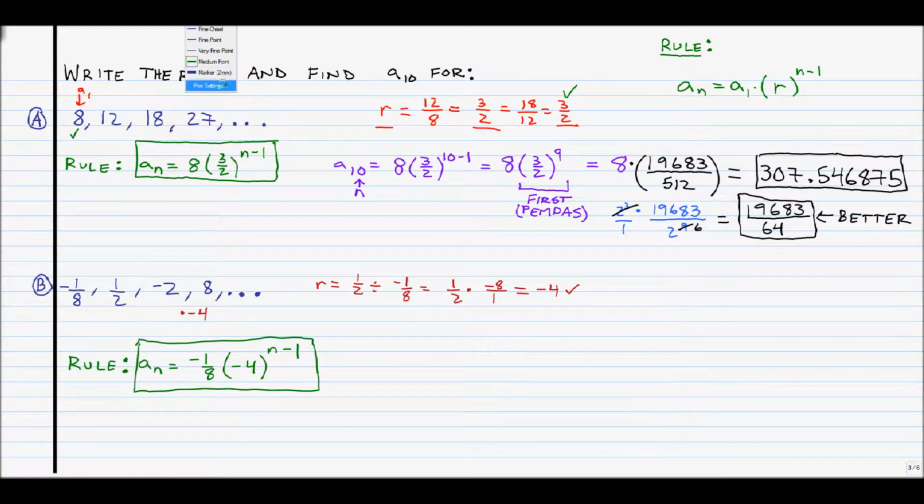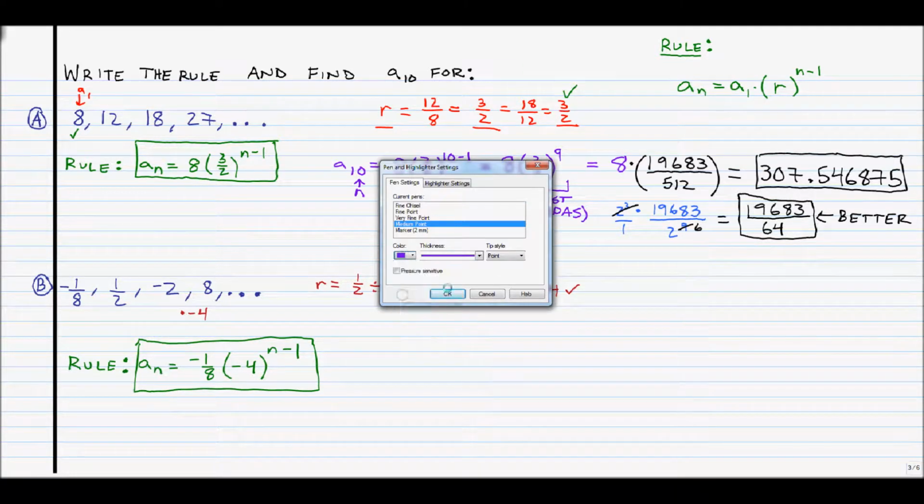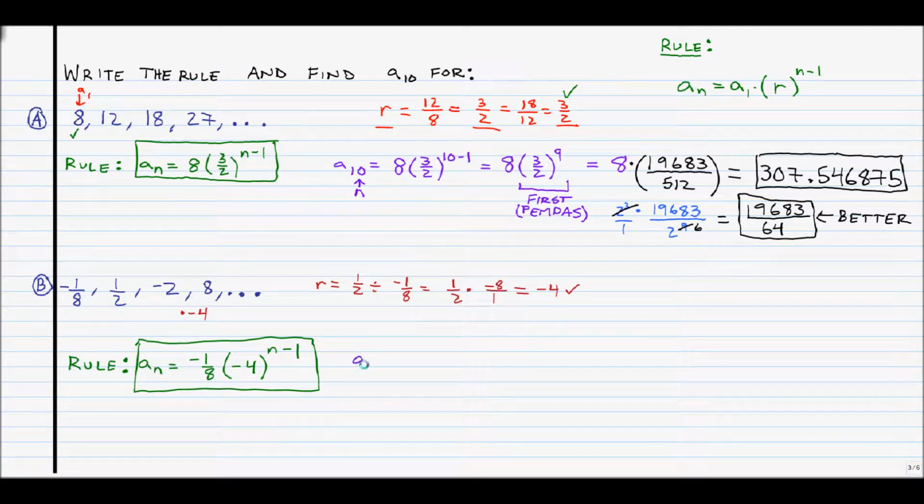So great, we wrote our rule. Why do we want a rule? Because rules allow us to calculate individual terms. So if I want a sub 10, I'm just going to plug in 10 for n: -1/8 times -4 to the 10-1 power, the same thing as -1/8 times -4 to the 9th.